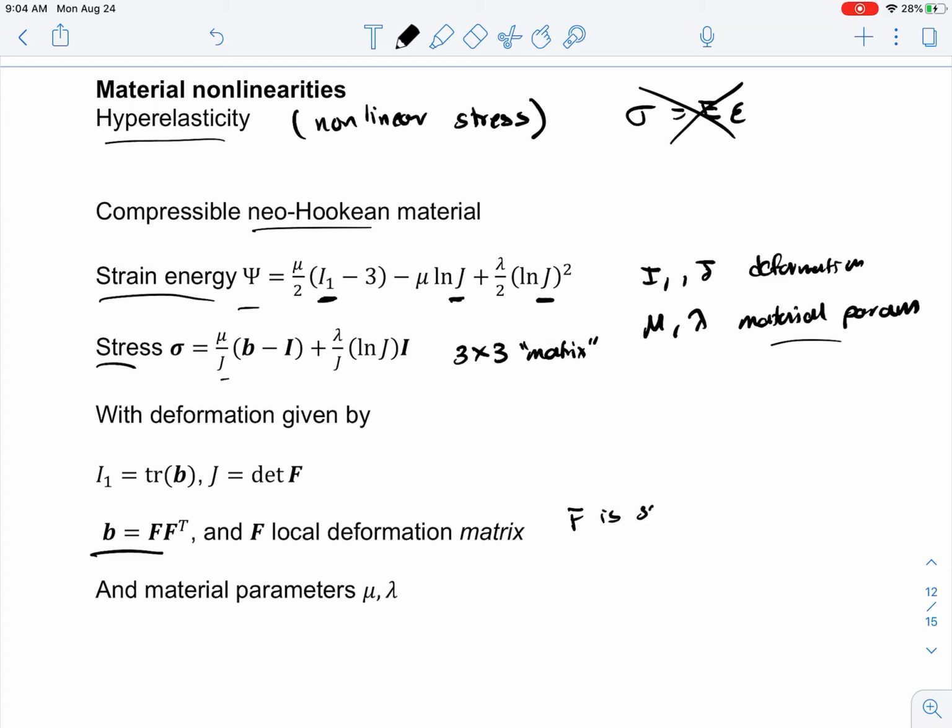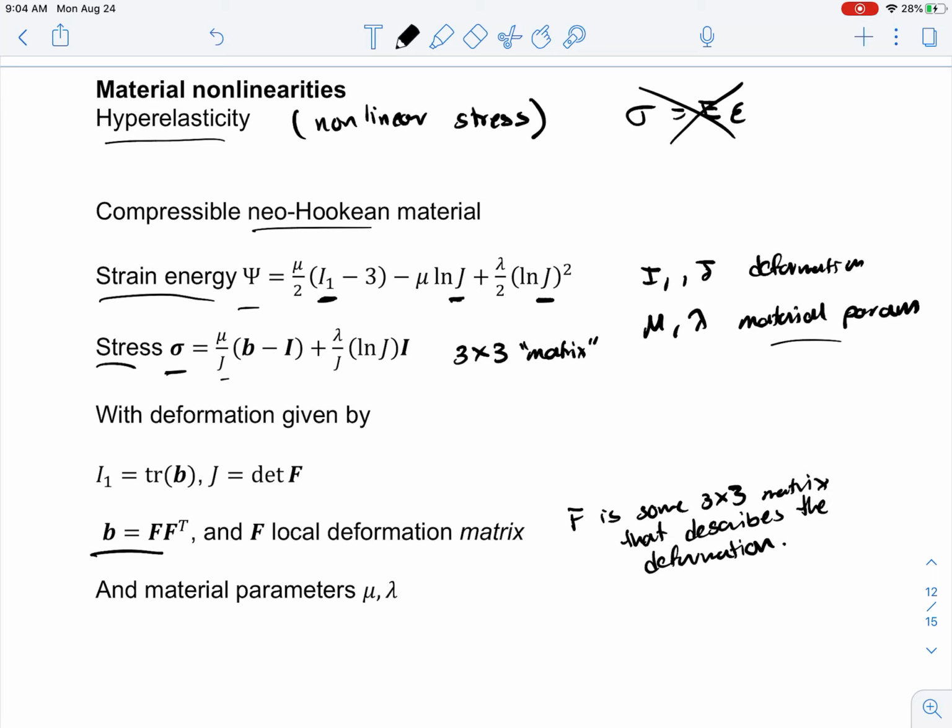F is some 3x3 matrix that describes the deformation. Again, don't try to think too much ahead of this. Just believe me. So now I have a definition of the stress that is nonlinear in the deformation.